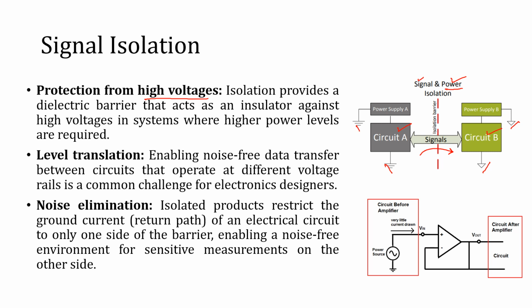So we are using two things. We are using signal isolation, so that the signal should not have any kind of noise, and we are also avoiding direct power connection between device B and circuit A. If circuit A is working on, let's say, 230 volt, and we want to connect that relay directly to the laptop or some other sensitive circuit, then we need different power supplies, and we need isolation between these two circuits.